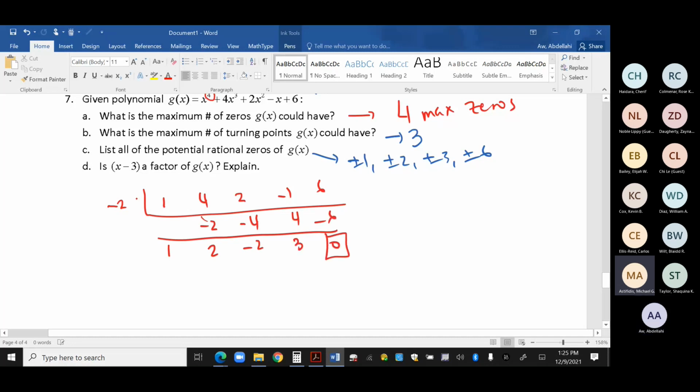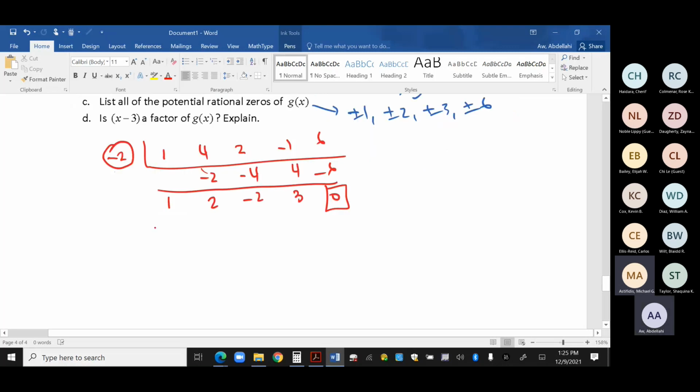All right. So -2 works. You see, some of you in the last test kept only checking the PRZs. If you just check PRZs, at best you're going to find the rational zeros.